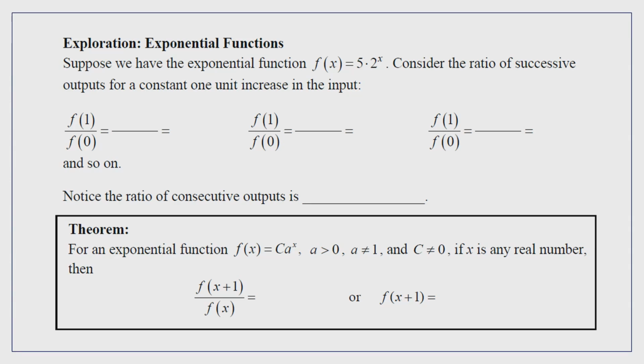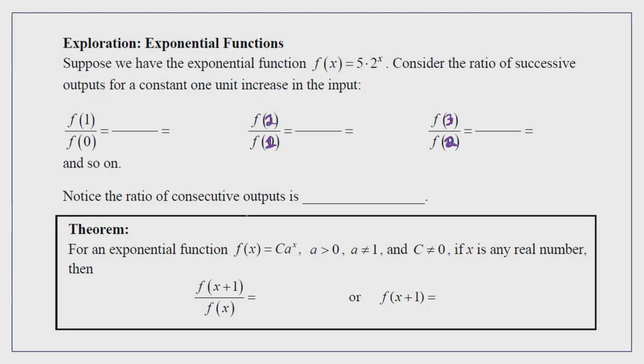So before we do, in your notes, if you can change this to f of 2 and this to f of 1, and then over here change this to f of 3 and this to f of 2. And this is 2.